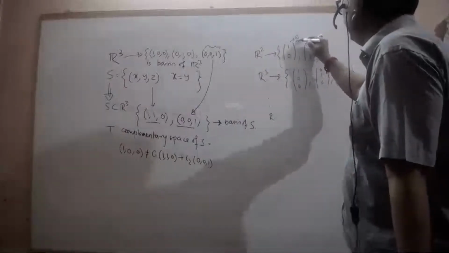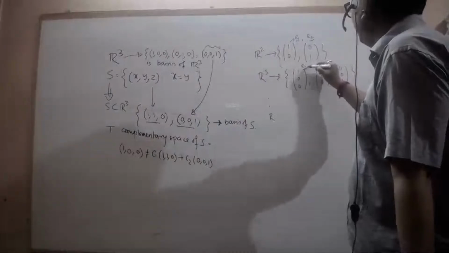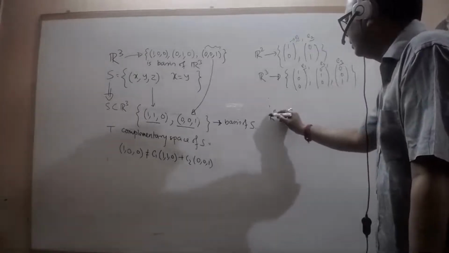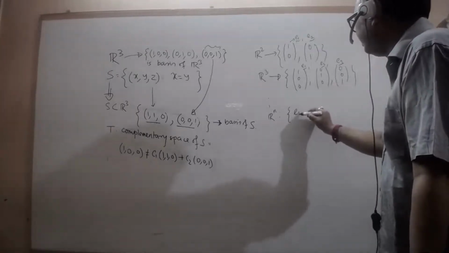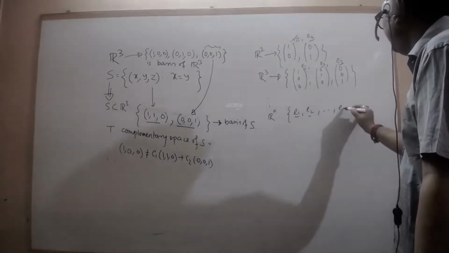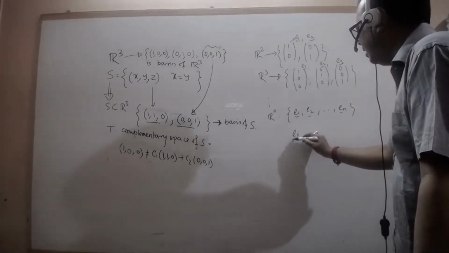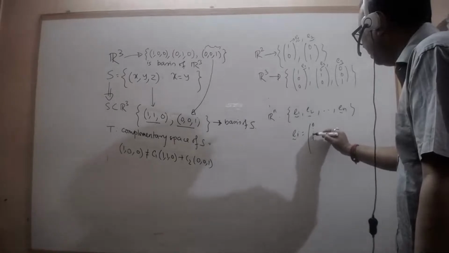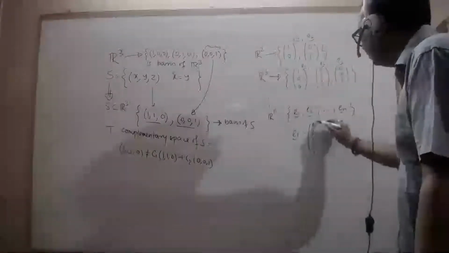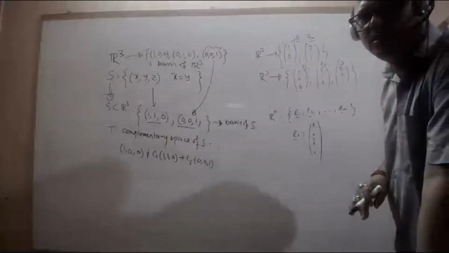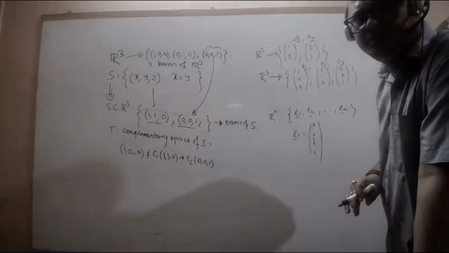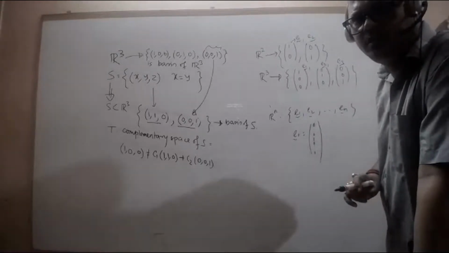We generally write it as E1, E2, E3. Similarly for Rn, this should be E1, E2, En, where Ei is a vector whose ith element is 1 and other elements are 0. Clear, Ankon? Tell me, this type of basis is called canonical basis or standard basis? Ankon, clear?